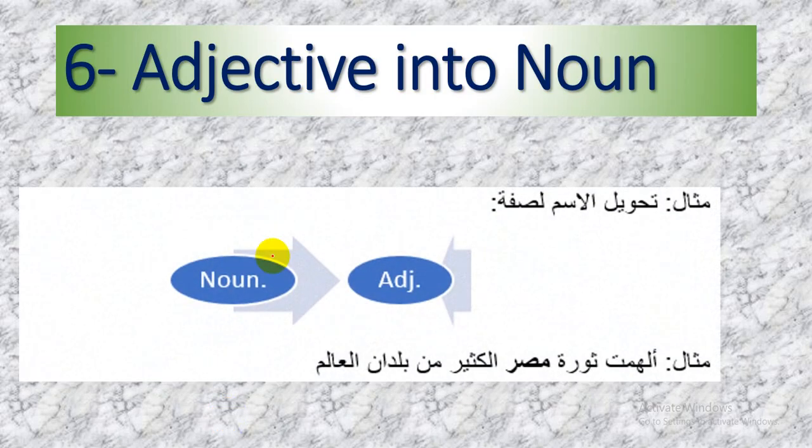A sixth type of transposition is to change a noun into an adjective, like this one. ألهمت ثورة مصر, it's a noun, الكثير من بلدان العالم. We could say the Egyptian, for example.